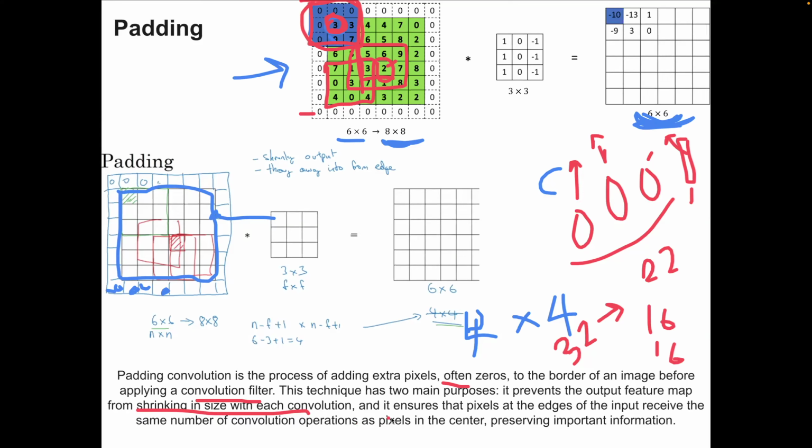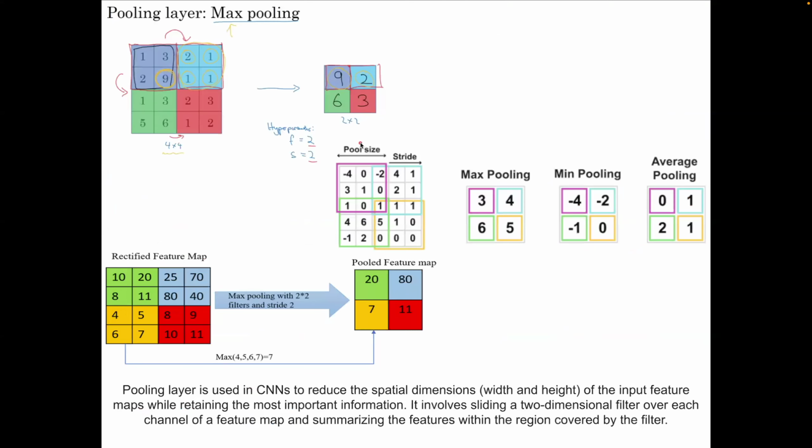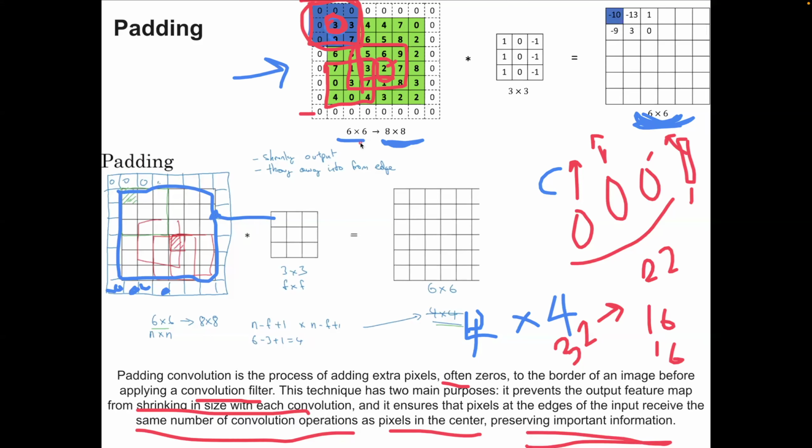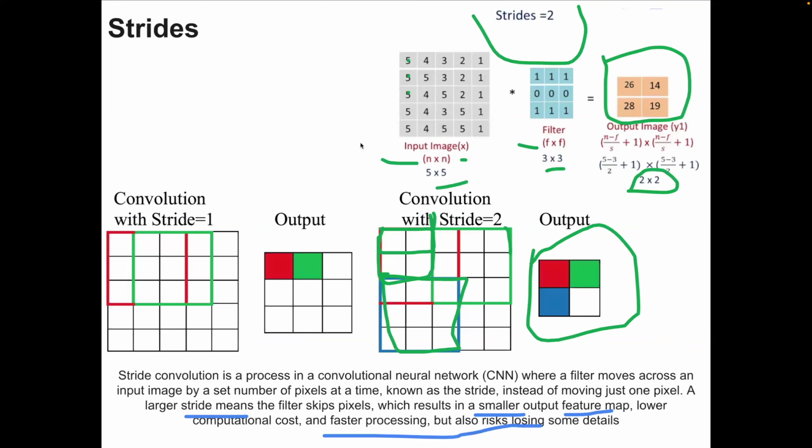We still maintain our image size and ensure that pixels at the edge of the input receive the same number of convolution operations as pixels in the center, preserving important information. I think I've explained that already. So now that's something called padding, all right?